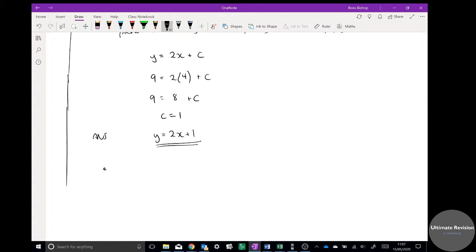Right, let's look at example 2, slightly harder. So we've got the 2 points. A is (0, 5), and B is (9, -1).